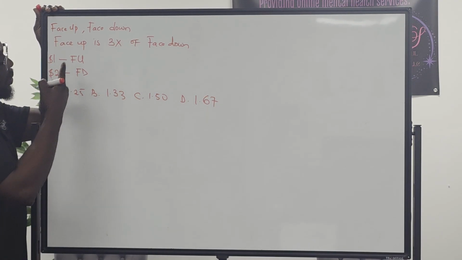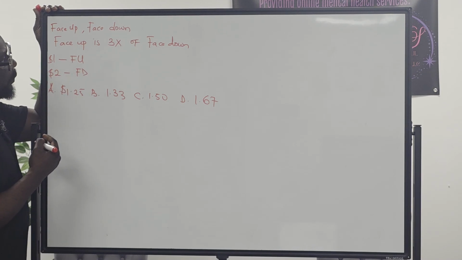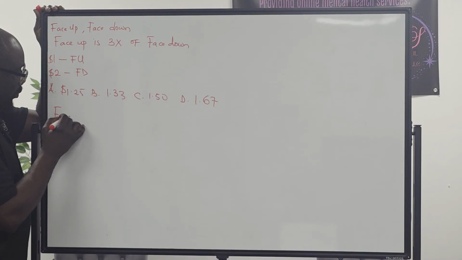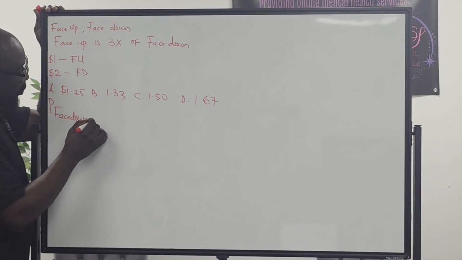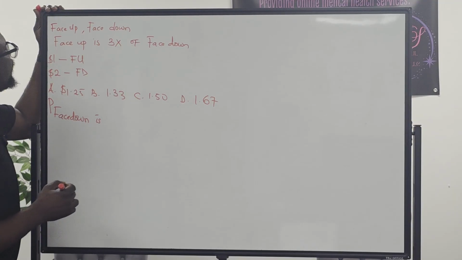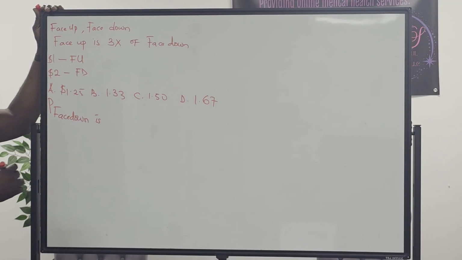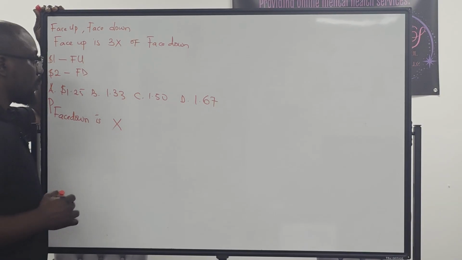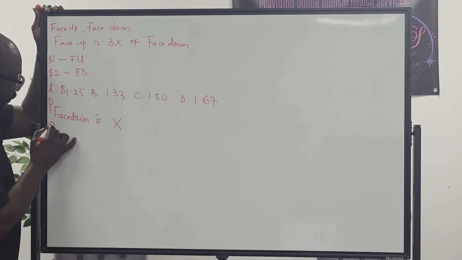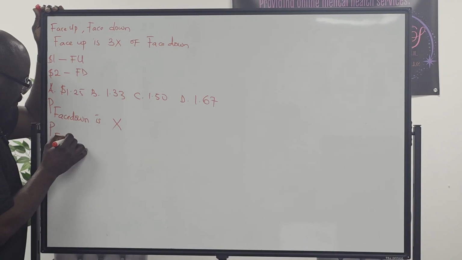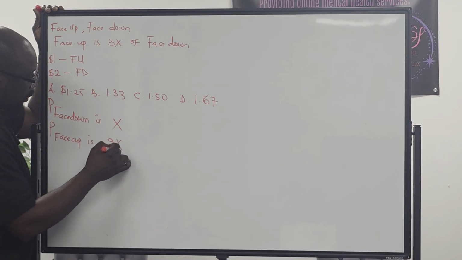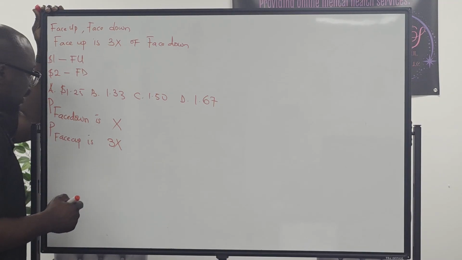So let's say the probability of face down is P face down. Let's call that x. So the probability of face up is 3x, because they said it's 3 times face down.